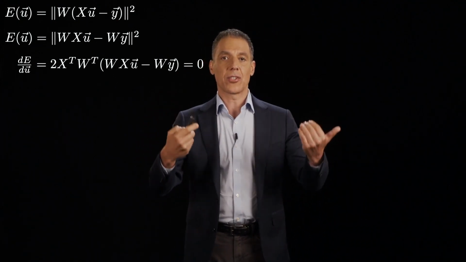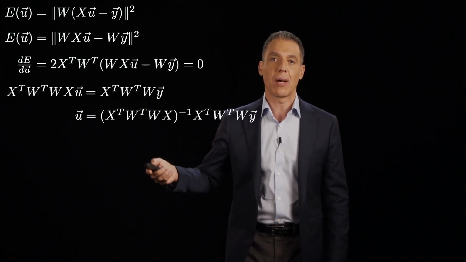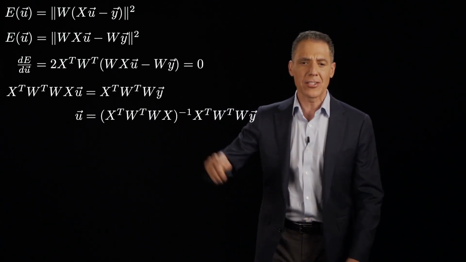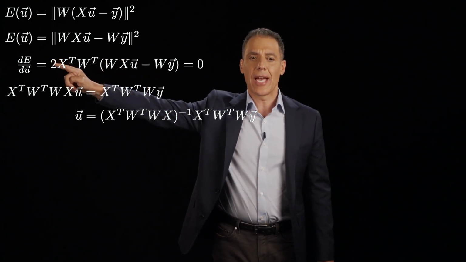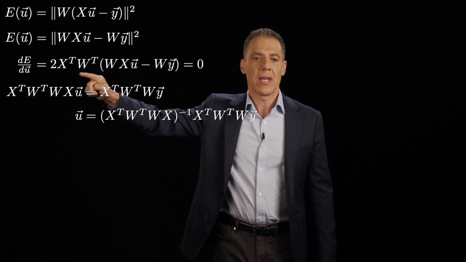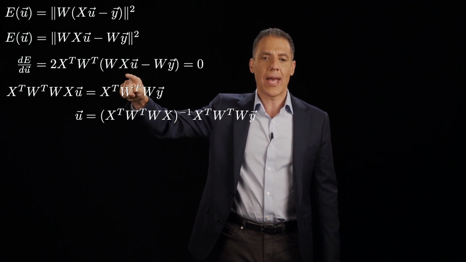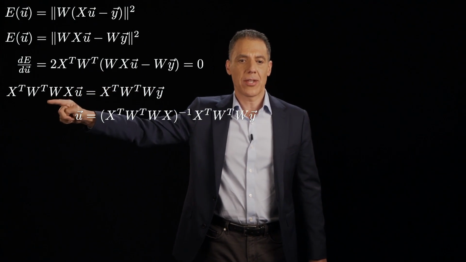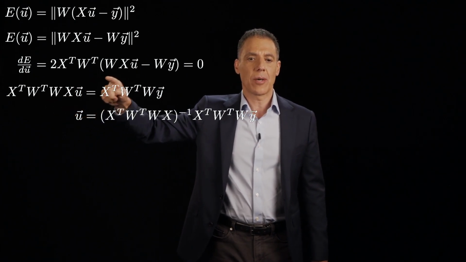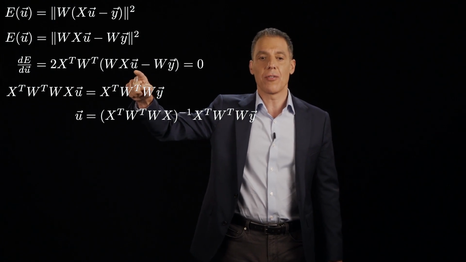And now let's start to turn the crank to see if we can solve, and make sure that W hasn't caused any problems for us. I can drop the 2 again because I'm setting that equal to 0, so if I divide by 2, it goes away. So I've got X transpose W transpose times WXu. That's that term right there. I've got X transpose W transpose times minus Wy. That's going to go to the other side of the 0.